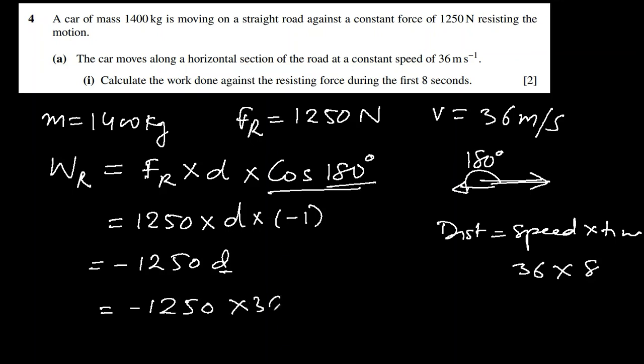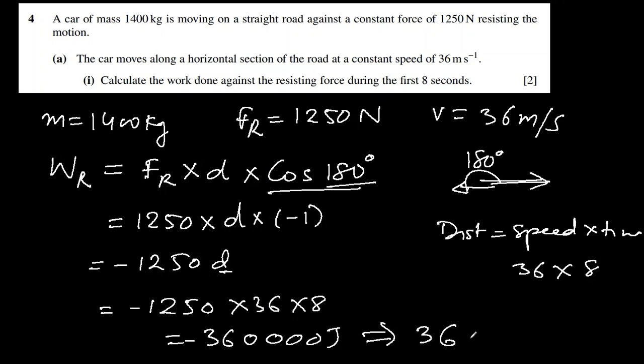So -1250 times 36 times 8 becomes -360,000 joules. Work is not a vector, so we can ignore the negative sign here, and write this as 360 kilojoules.